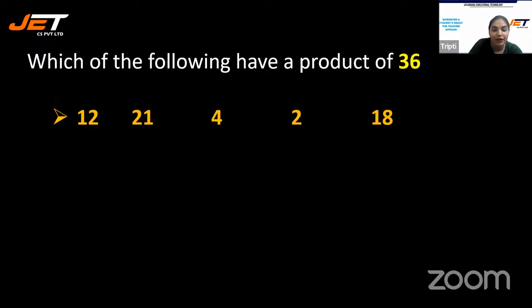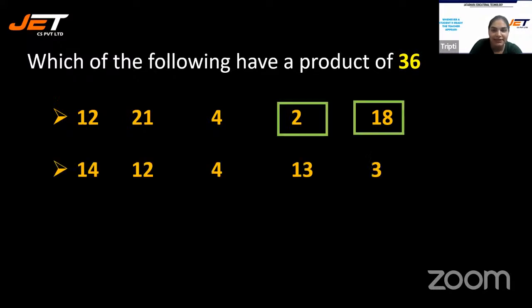Which of the following have a product of 36? Oops, sorry, 36. So here 2 and 18 makes 36. Next one.